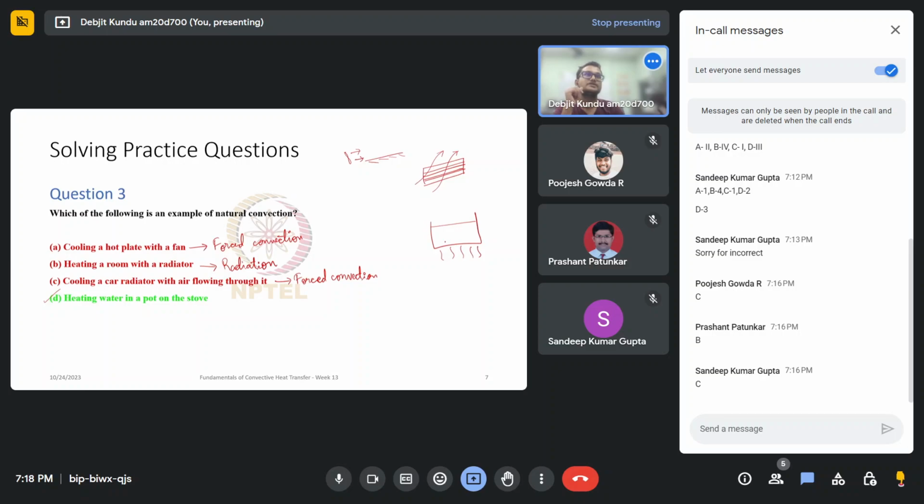What happens is, this layer of fluid which is in contact with the wall which is directly being heated gains heat, becomes lighter than the rest of the fluid, and rises up due to buoyant force, and colder fluid which is heavier, of course, from the top comes towards the bottom, and this sets up convection currents. As a result, this is a case of natural convection. So that's why option D should be the correct answer.